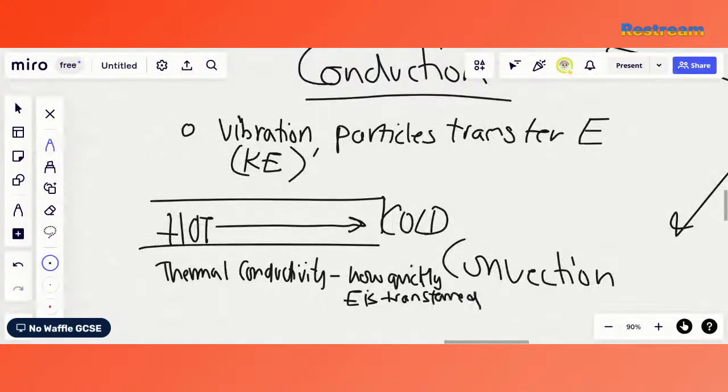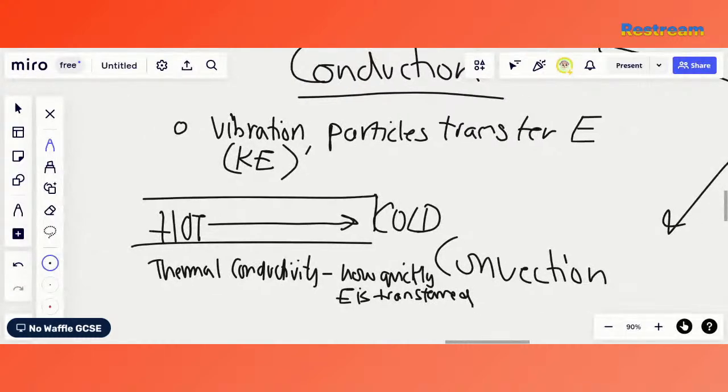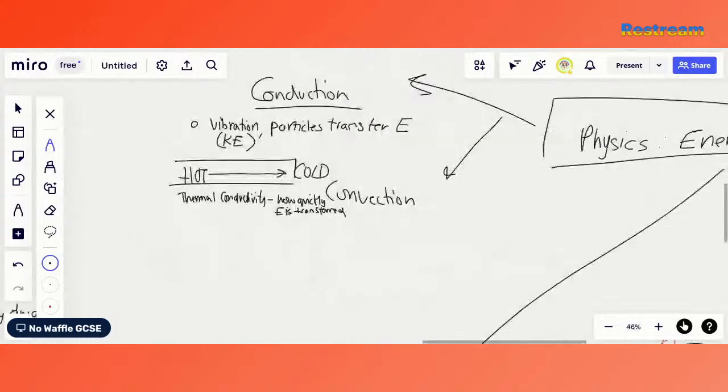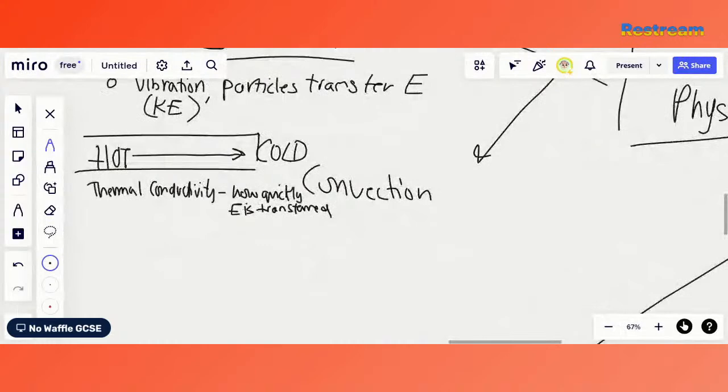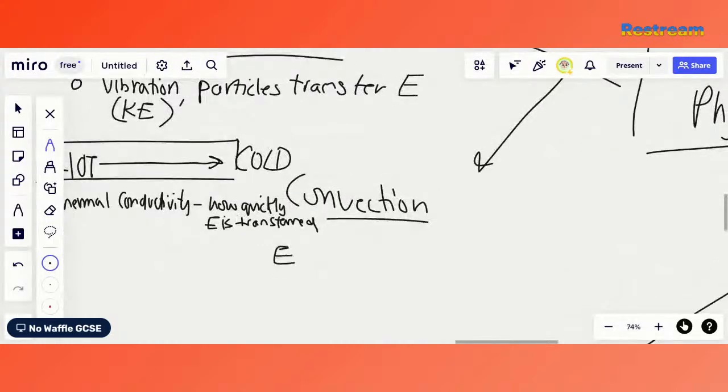Now, convection is when energetic particles move away from the hotter to the cooler regions. If you study geography, you will know about convection currents, and that's how that happens within the mantle and heats the world up.